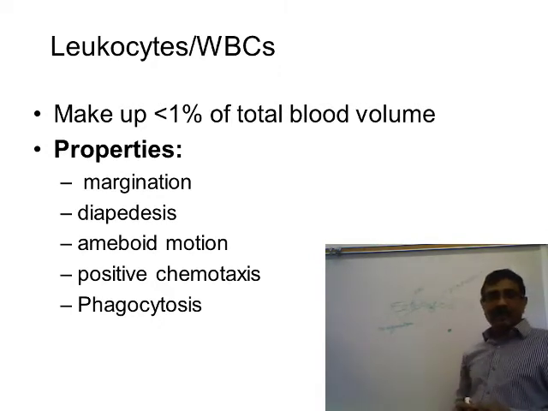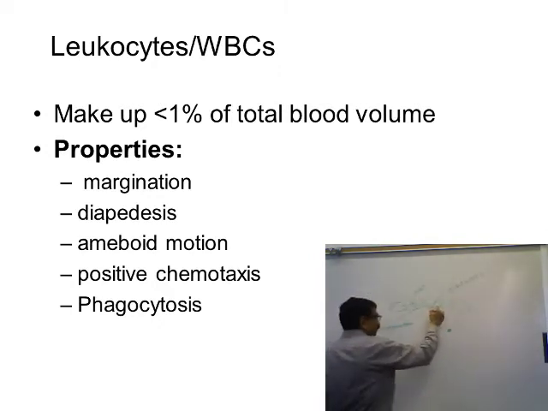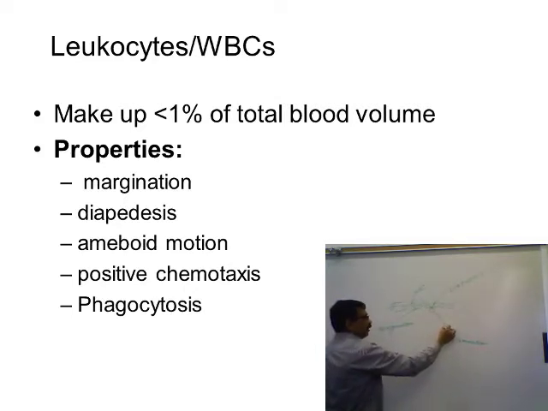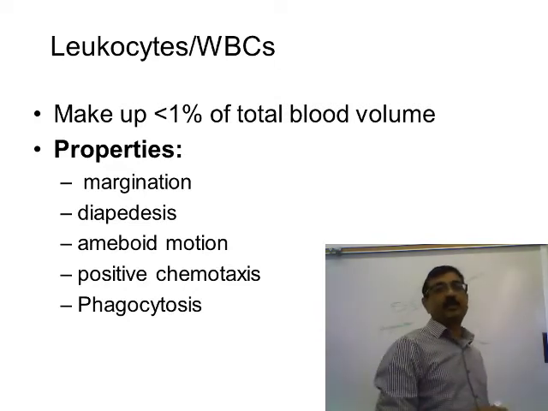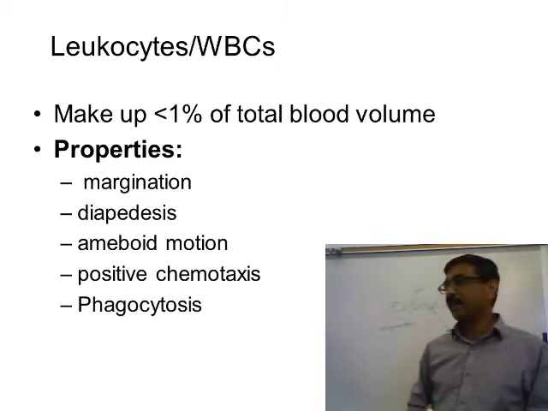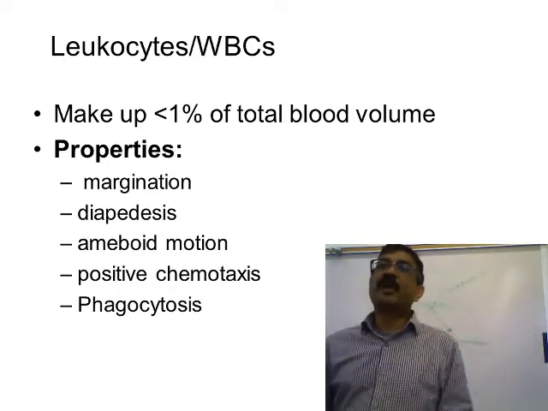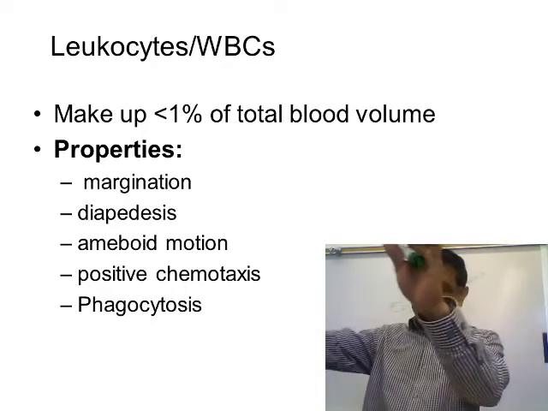The next is, after the white blood cell gets out, it will start to move towards the site of inflammation or injury. You have bacteria or virus or dead cells here. So the white blood cells will start to move towards the site of inflammation. How do the white blood cells move? They move like an amoeba.